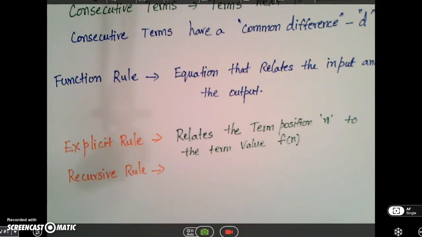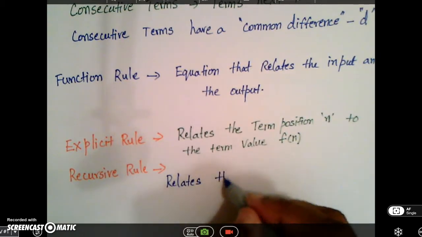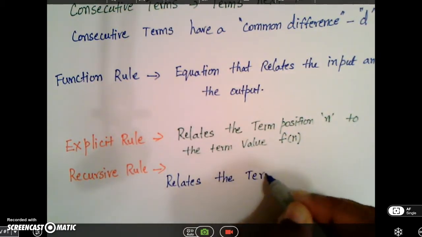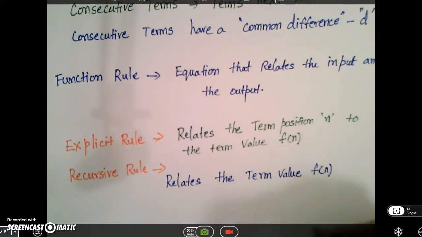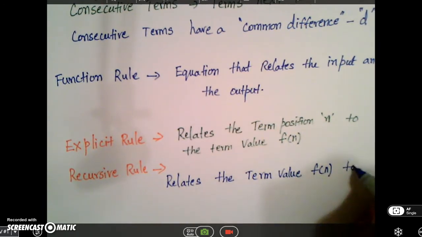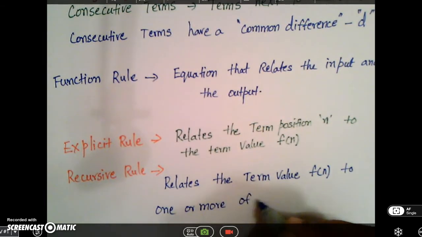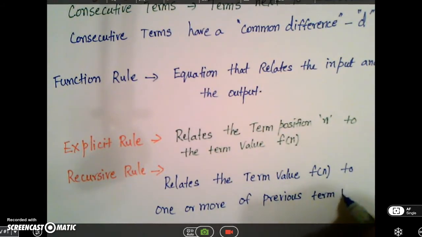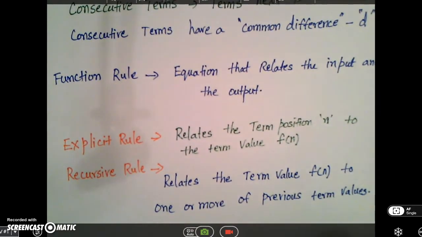So it relates the term position to the term value. The recursive rule, on the other hand, relates the term value that you're trying to find to one or more previous term values. So that's my recursive rule.